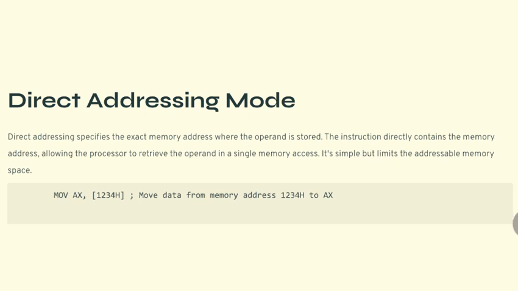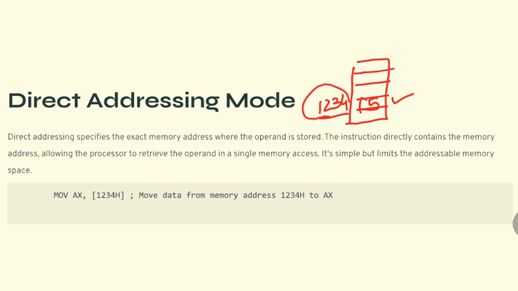Suppose I have this memory, and at the location 1234, which is a hexadecimal value, I have a value 15. This is my operand. For this operand, my effective address is 1234, and in my instruction I have MOV AX, 1234H.